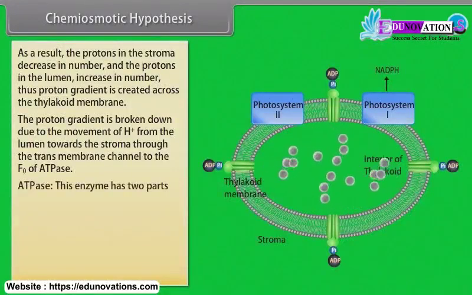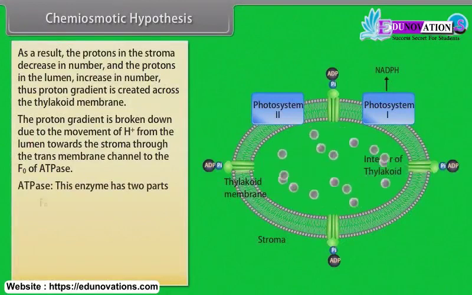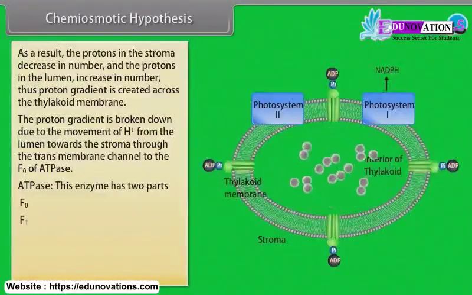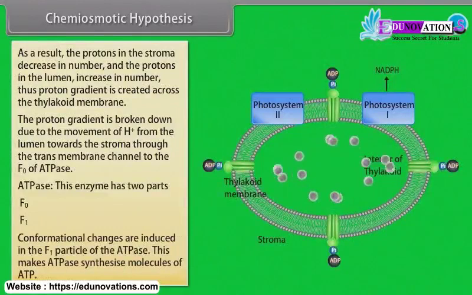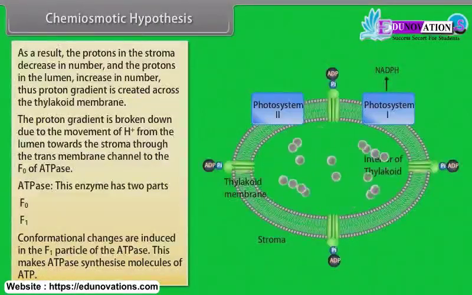This enzyme has two parts, F0 and F1. Conformational changes are induced in the F1 particle of the ATPase. This makes ATPase synthesize molecules of ATP.